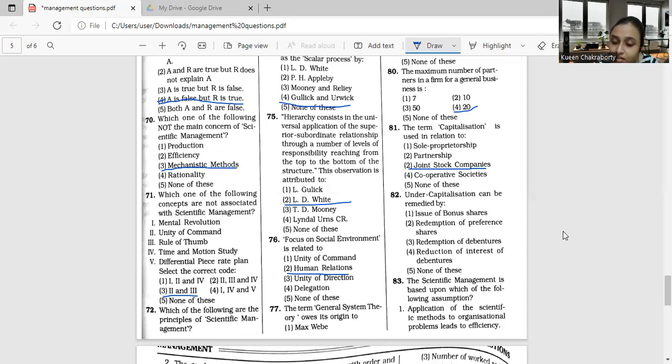This will affect both the dividend per share and the overall rate of earnings. The rate of earnings will also definitely increase as per this. So under undercapitalization you can have these many remedies, but issue of bonus shares is the best way of remedying an undercapitalization situation.